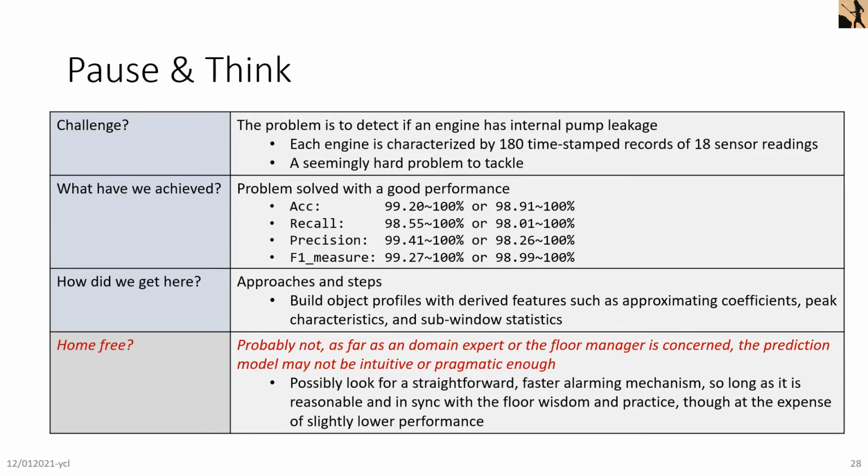Usually their performance is pretty good, but the domain expert will just say, well, the model is not intuitive enough, or it's not something I can comprehend. But anyway, as an engineering practice, we can possibly look for some straightforward and faster alarming mechanism, right? So long as it is reasonable and in sync with the flow wisdom and practice. Probably it's at the expense of slightly lower performance. So that's what we will do with the next approach.